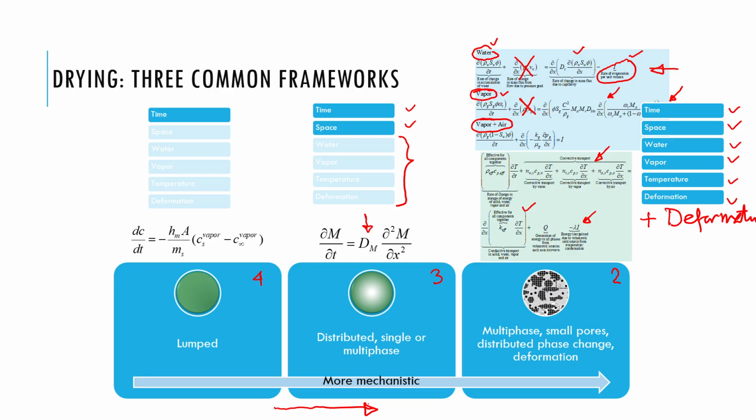Many of these less mechanistic models go by names. For example, a version of this equation is called the Lewis model, and then this one is sometimes called the Fick's second law approach to studying drying.